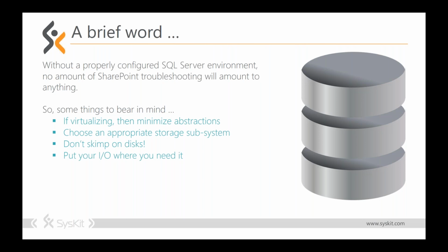For instance, with Hyper-V, you can attach storage directly to VMs and pass it through without going through VHDs or VMDKs if you are building out disks. Anything you can do to minimize the amount of translation that's going to happen is going to pay dividends. So minimize abstractions.